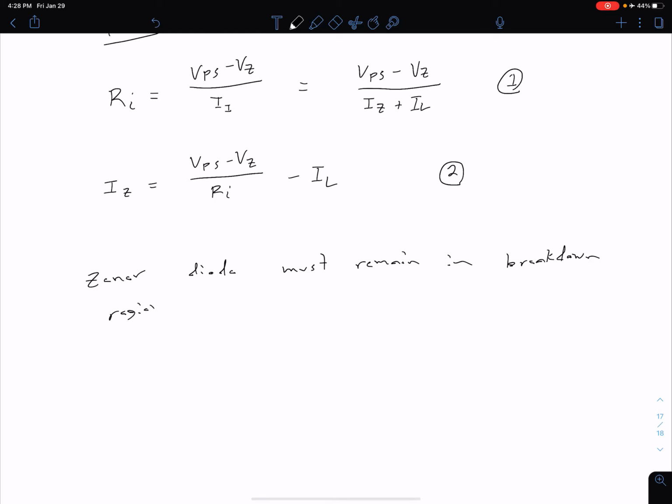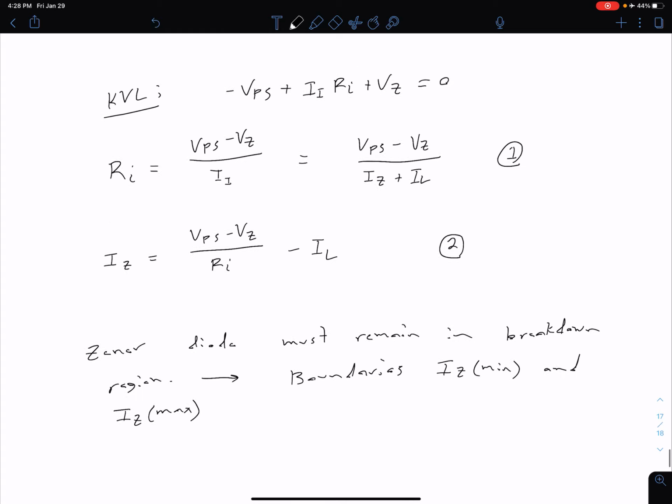And so what that means practically is that we're going to have upper and lower boundaries for our current, boundaries of IZ min and IZ max.